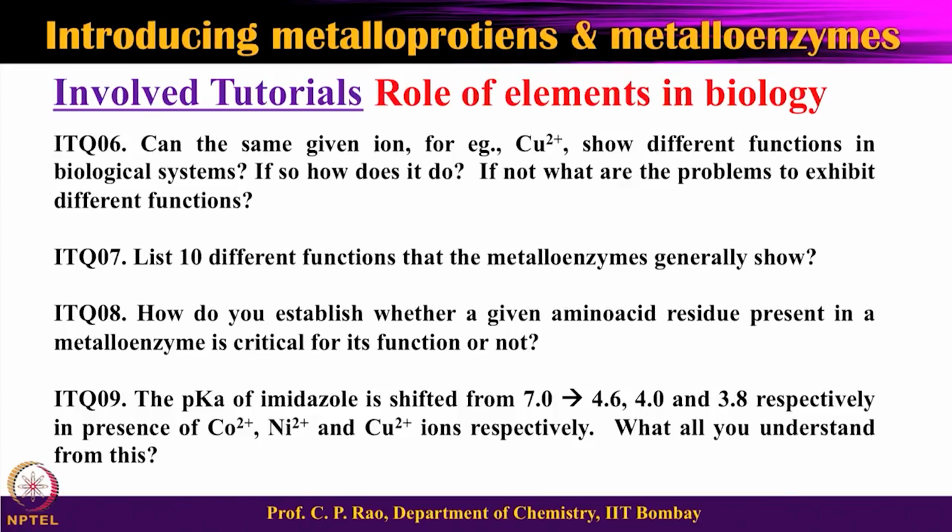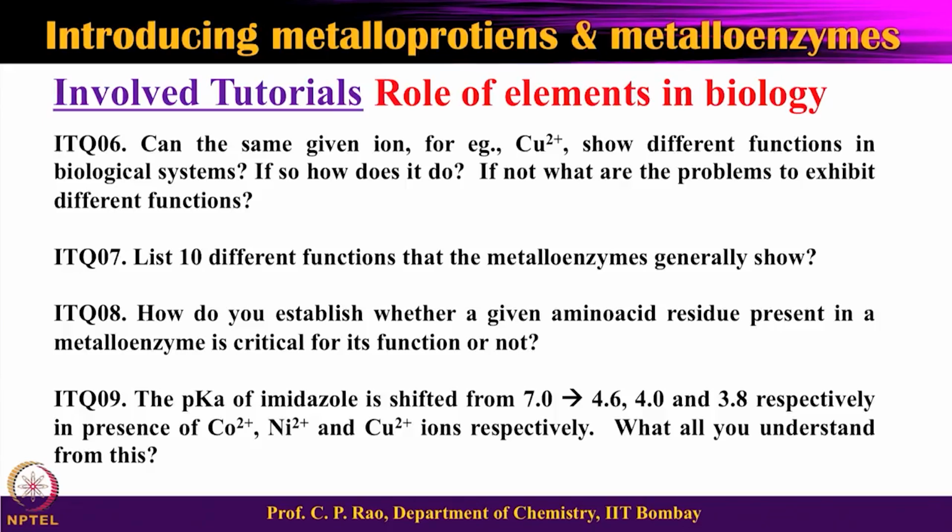If you take iron, there are several hundreds of enzymes, and at least a dozen classes of enzymes. If you take zinc, there are several hundreds of enzymes, at least more than half a dozen classes of enzymes. Take copper, there are several hundreds of enzymes, a dozen different classes of enzymes.